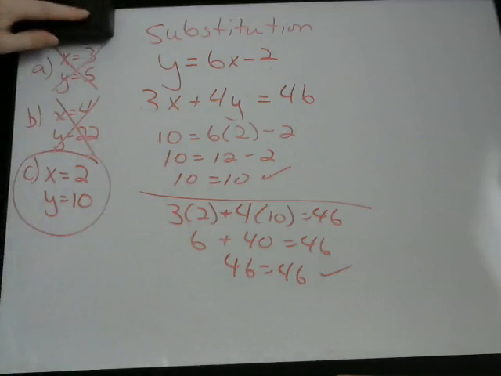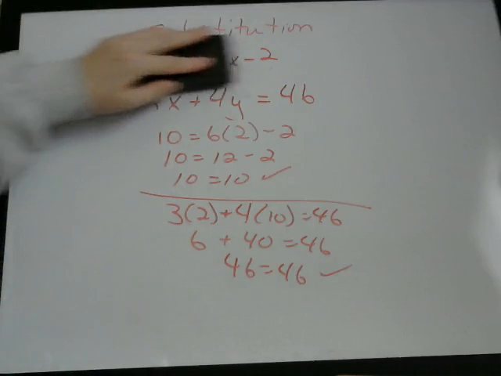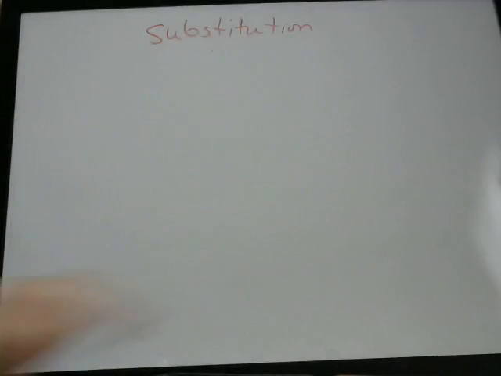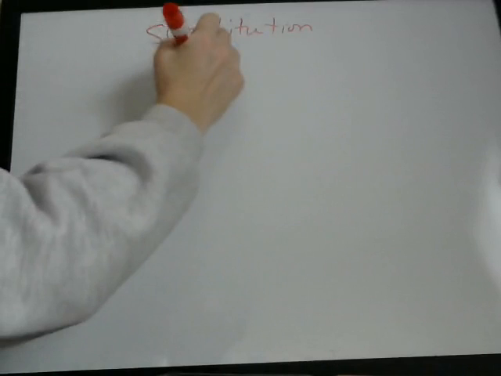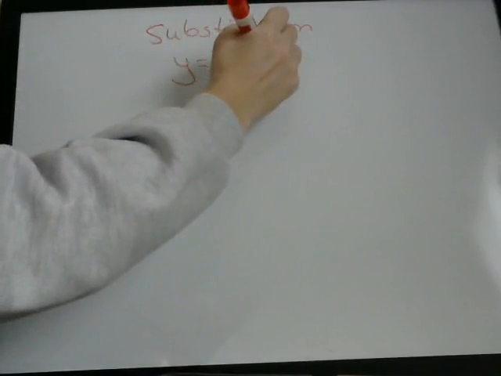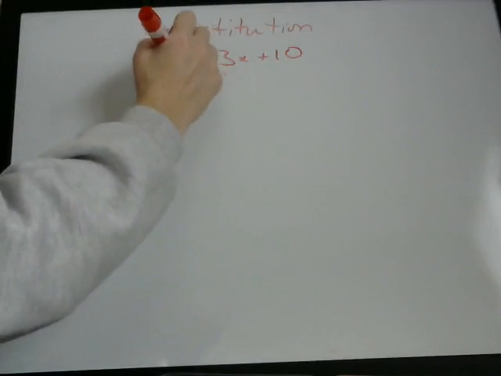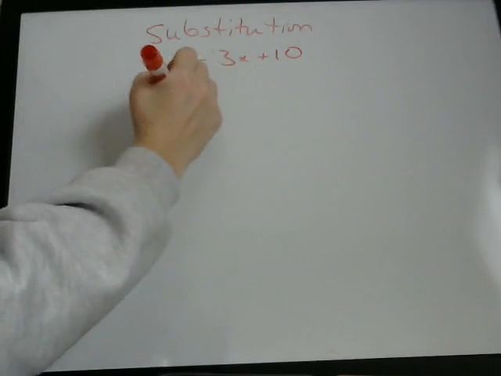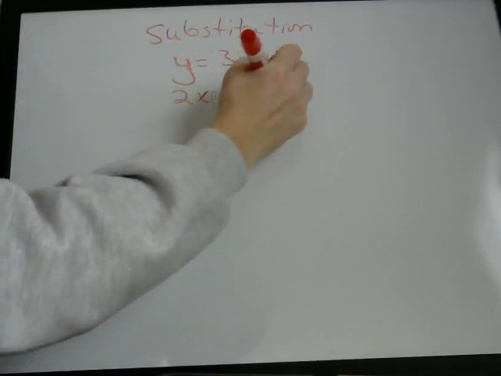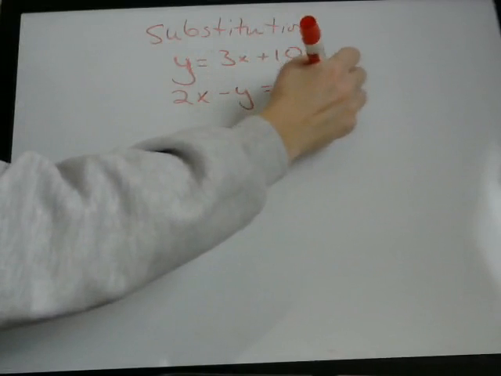I'm going to do one more example by just doing the algebraic way, just to remind you how we did that. Let's say we have y equals 3x plus 10. This can be a little bit more complicated because we're going to use negative numbers. Second equation, 2x minus y equals negative 13.